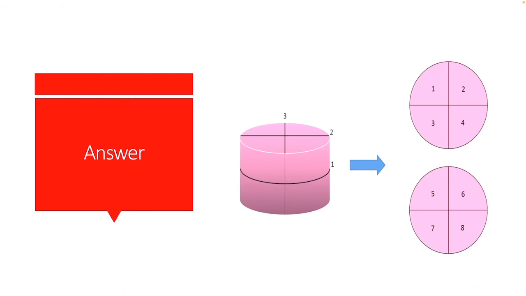How? 4 equal slices on top and 4 equal slices at the bottom. So it becomes 8 equal pieces of the cake by only 3 cuts. Okay.